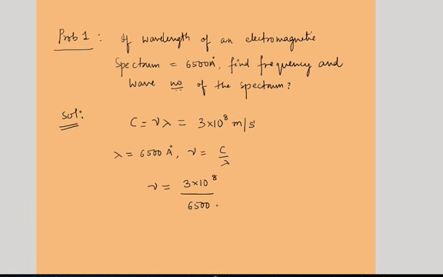But what unit is this 6500 in? Angstroms. So convert that into meters, because 1 Angstrom is equal to 10 power minus 10 meters. This is given in meters per second already, and now this entire thing will become in meters.